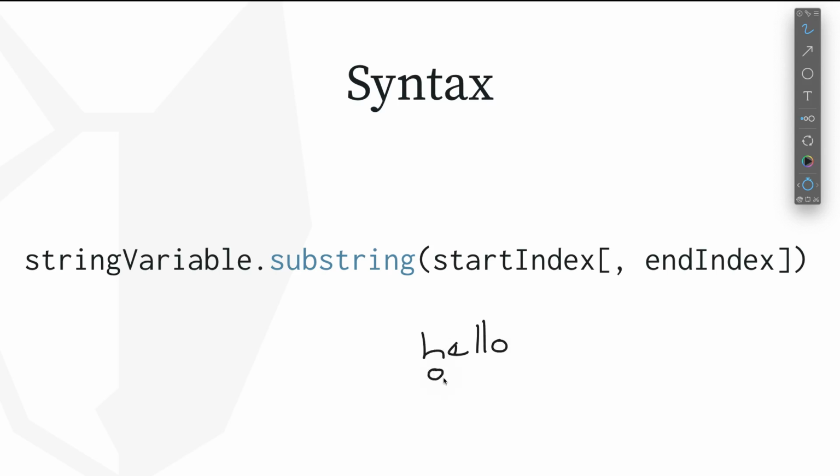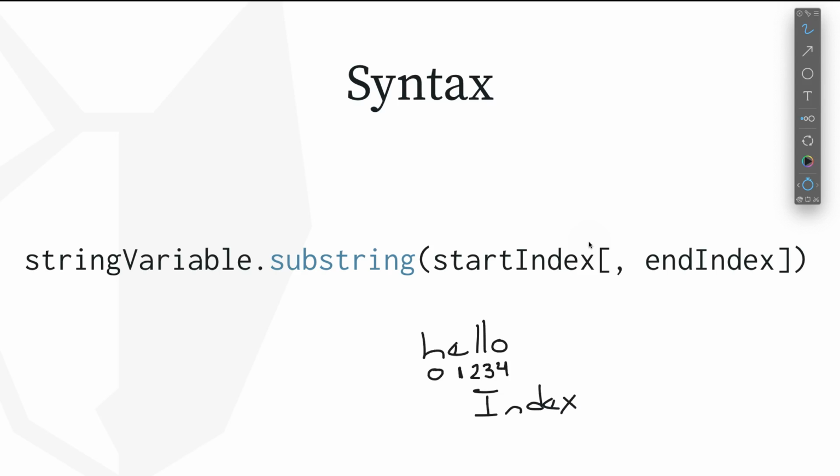For example, this is 0, this is 1, this is 2, this is 3, this is 4. So the index of the O would be 4 and the index of the E would be 1. That's what we call an index. And as we can see right here, for this substring function, we need a start index and we need an end index. And remember, the end index is optional.